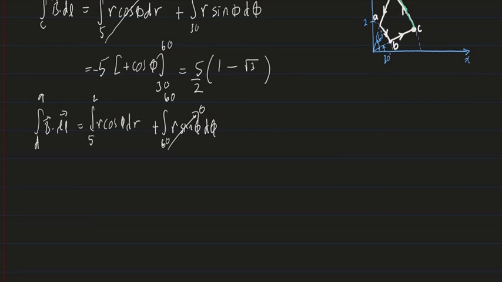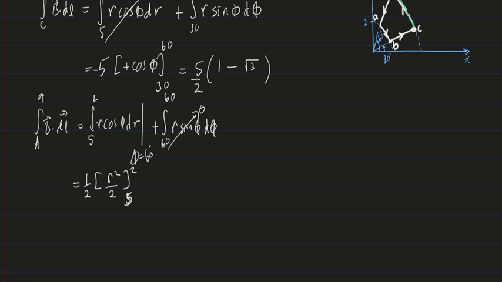And for this one I have cosine phi. Now in this case phi is equal to 60 degrees, so cosine phi is constant and it's equal to 1 over 2, and I'm integrating r dr, and this is r square over 2, and the limits are from 5 to 2.